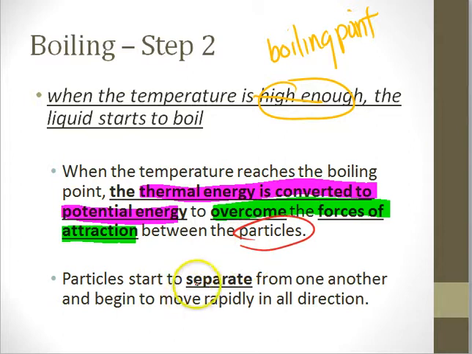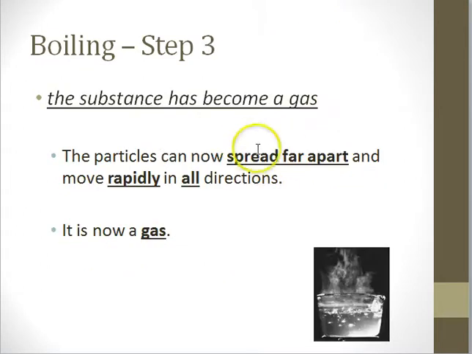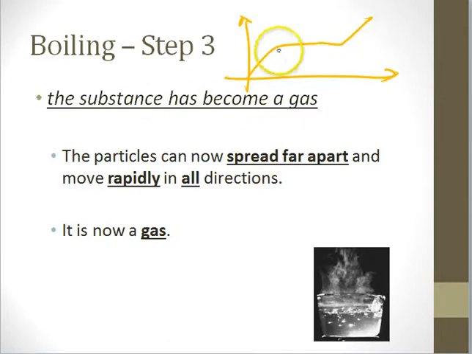So now your particles will start to separate from one another and begin to move rapidly in all directions. You can see here I'm describing my gas. So this is what is happening for boiling. And at the last part, your particles have become gas. On the graph, step 1 is when the temperature is increasing.